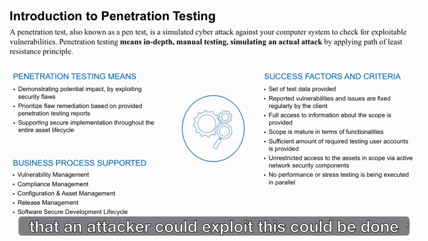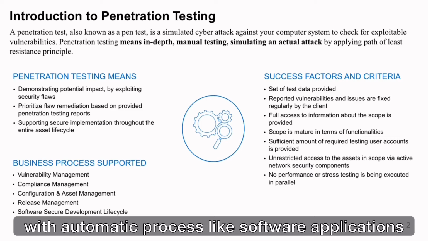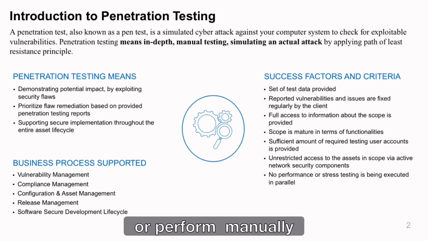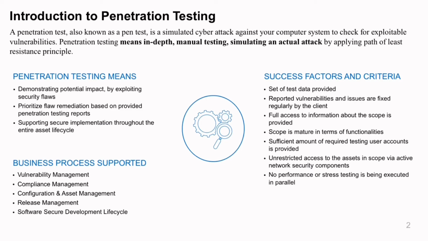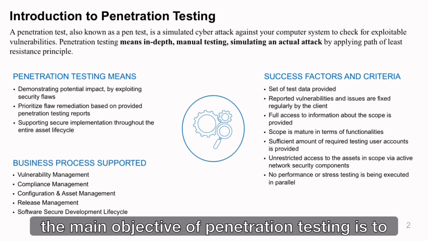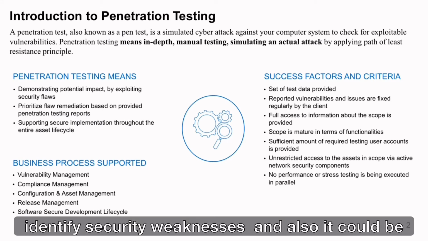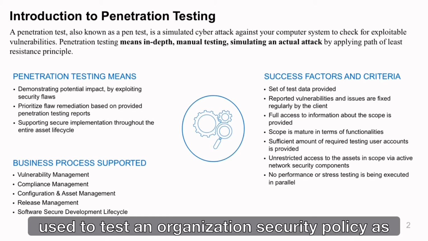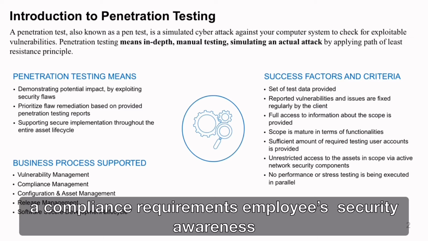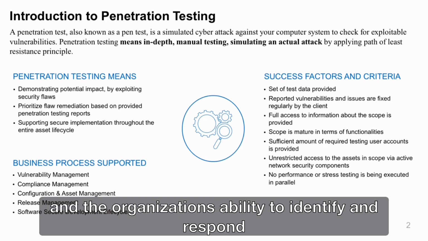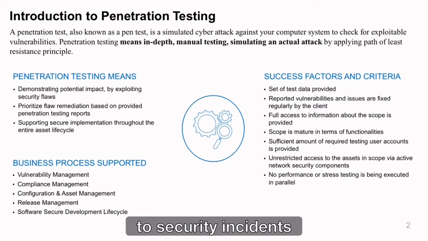This could be done with an automatic process like software applications or performed manually. The main objective of penetration testing is to identify security weaknesses, and it could also be used to test an organization's security policy, compliance requirements, employees' security awareness, and the organization's ability to identify and respond to security incidents.